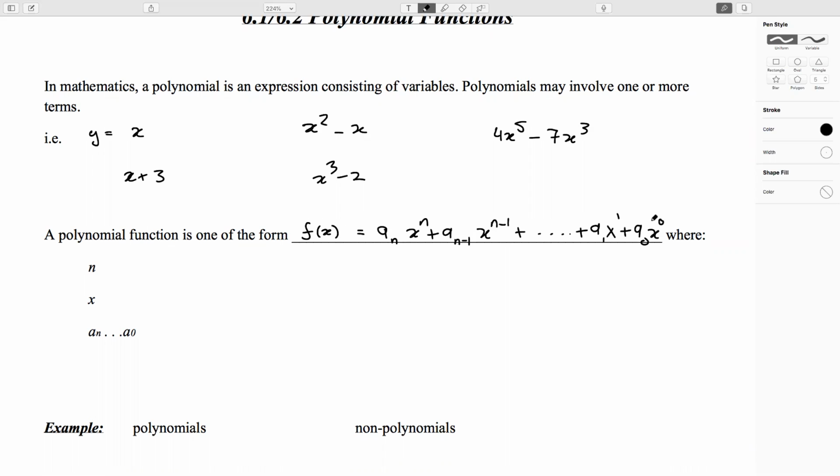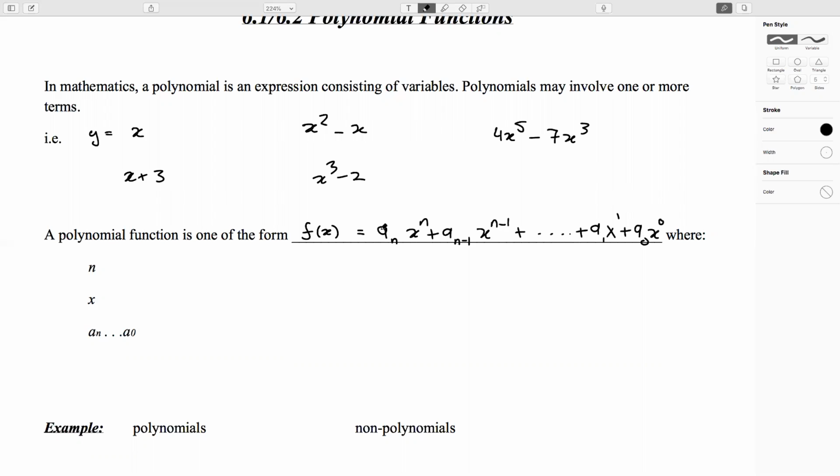So this looks kind of daunting and this looks very general. But what this means is a polynomial function has a combination of powers of x, and I've written those as descending powers. We start at n, some given number, and then we've got a power less than n, a power less than that, and a power less than that, all the way until x is to the power 0, which makes it 1. And then there can be coefficients or numbers being multiplied by your powers of x.